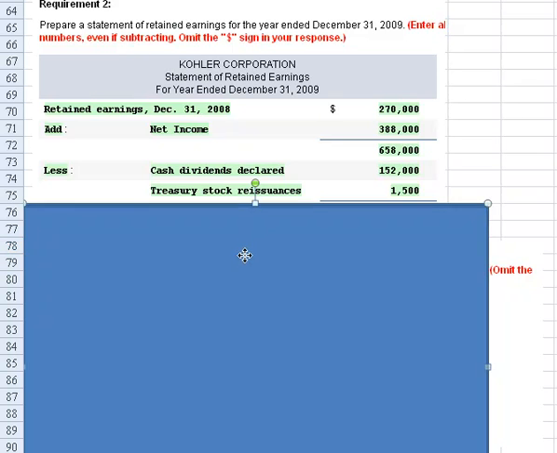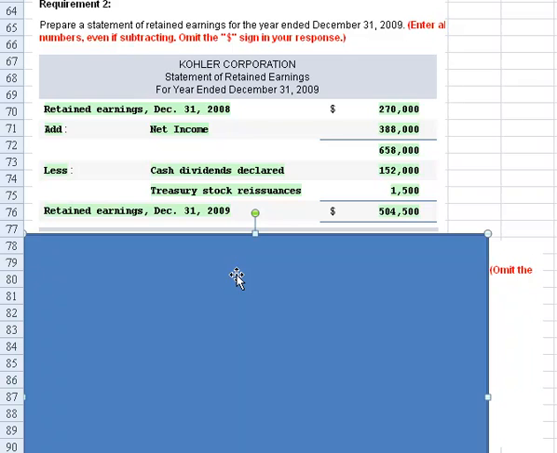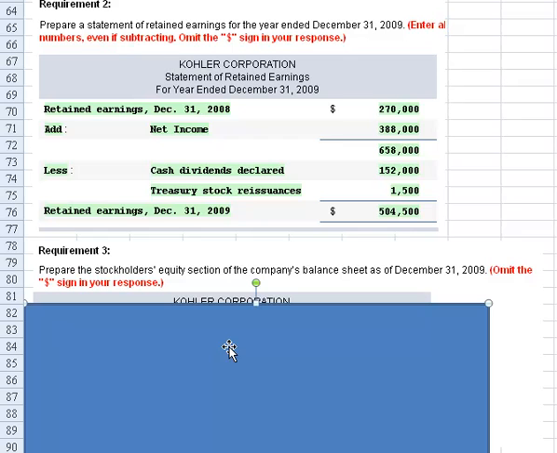So we would need to subtract that out as well, and we were able to calculate retained earnings as of December 31st.